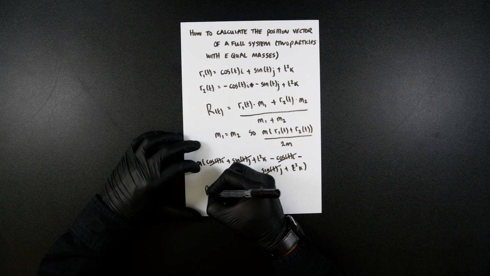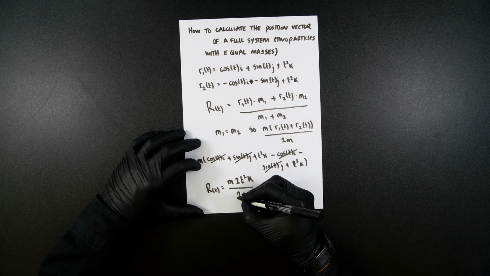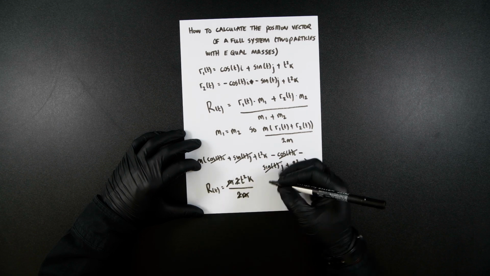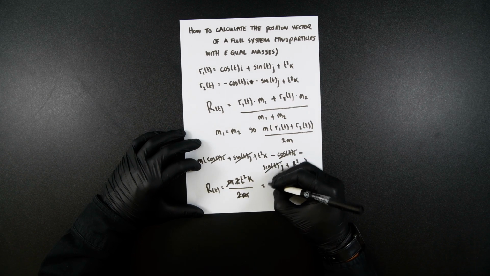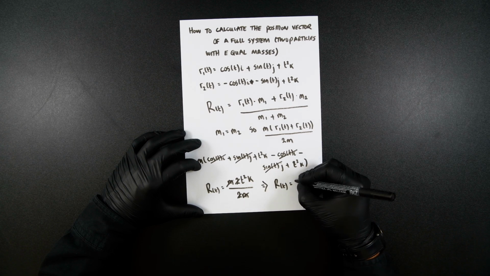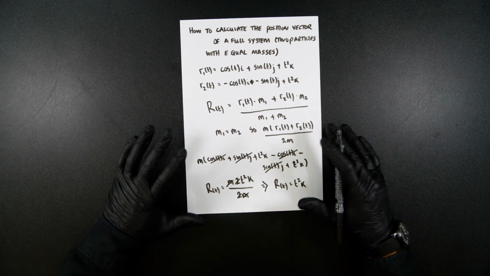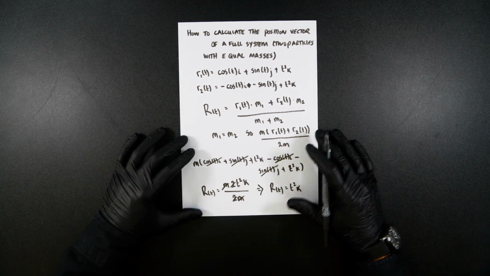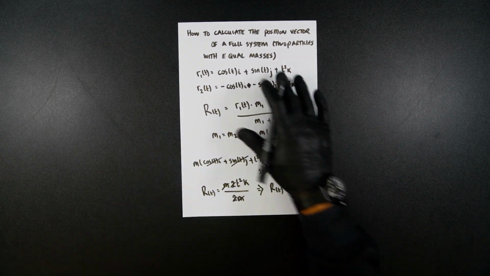So let's do R(t). The 2's are going to cancel, the m's are going to cancel, and therefore we're going to get our answer of R(t) equals t squared k. And you've now calculated the position vector of the entire system.